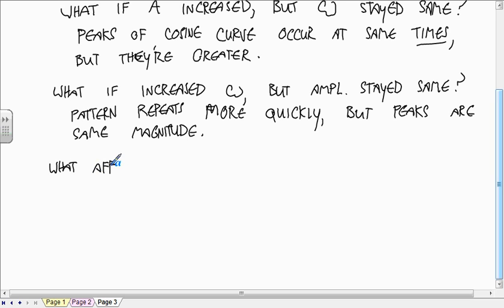Okay, so what affects A and omega physically? What are the things that affect those? So first, the amplitude. The only thing that affects the amplitude is pulling the mass farther from the resting length before you let it start oscillating.